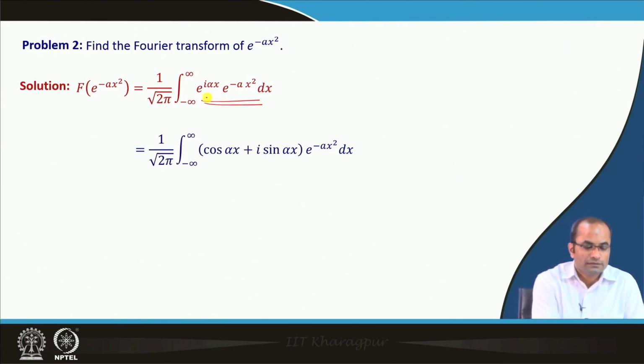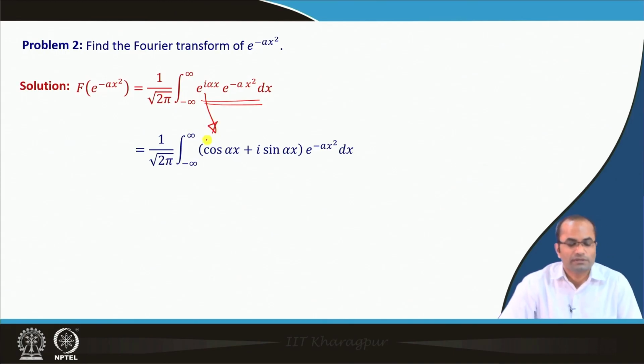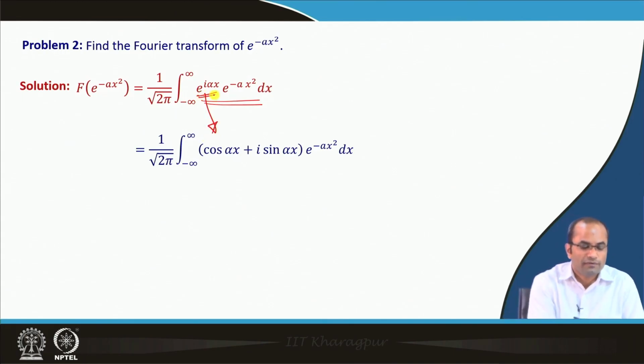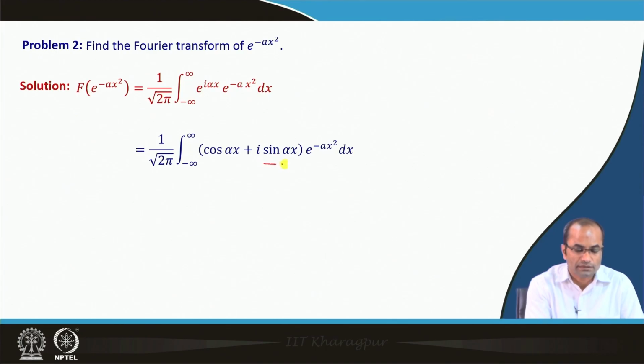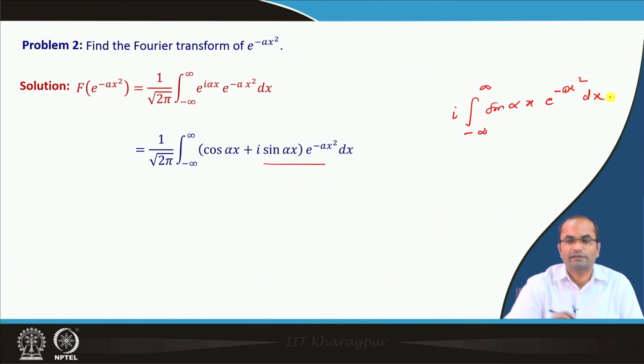Now the trick we are using is that we can write e power I alpha x as cos alpha x plus I sin alpha x, and then we have e power minus a x square. This is a simpler way of treating the function, because if we look at the second integral, which comes together with I, from minus infinity to plus infinity, we have sin alpha x and e power minus a x square dx.